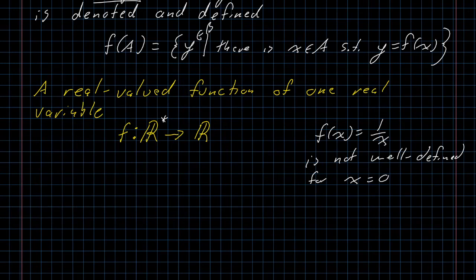But the distinction between codomain and range is important because for another example, f(x) = x², we want that to be a real valued function of one real variable.